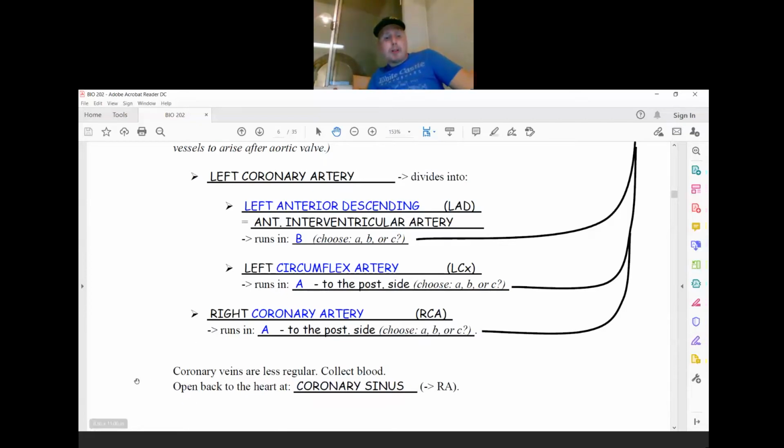But I normally don't spend time on the veins because in other parts of the body, they're not as reliable where they run in terms of the anatomical landmarks, and only the major veins are located where we expect to see them. So they collect the blood from the coronary circulation and dump it back to the right atria through coronary sinus.